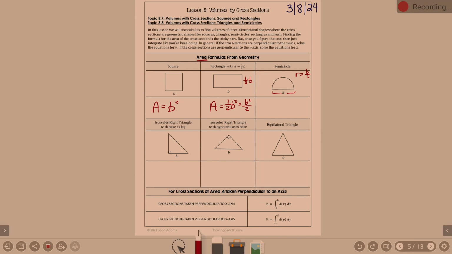So how do we do the area of a semicircle? 1/2 pi r squared, but r is B over 2, so 1/2 pi times B over 2 squared. Give me a nice, neat answer. 1/8 pi B squared.